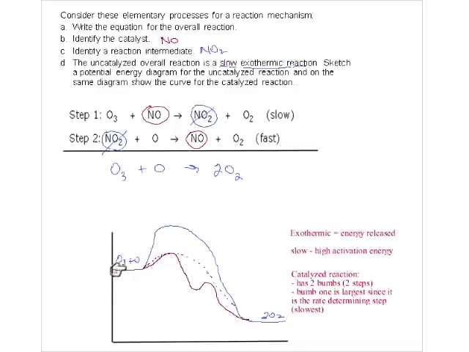If this is an exothermic reaction, we can see that the energy is going to be released as the reaction moves forward. It's a slow reaction, which is an indication that it's going to have a very big bump here. The higher the bump, generally the slower the reaction. And this would be the uncatalyzed reaction. The catalyzed reaction mechanism is going to be a series of 2 bumps, with the first bump being the highest. And the overall effect, of course, is a lowering of the energy requirement.